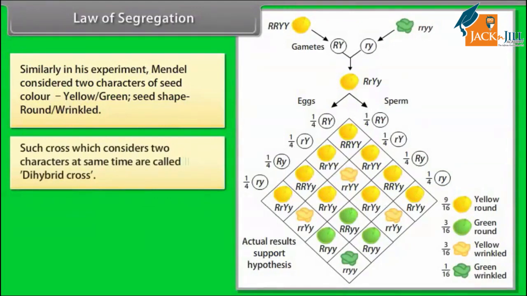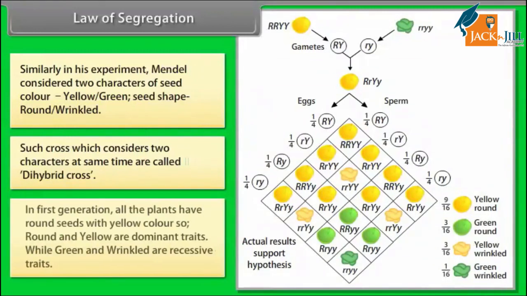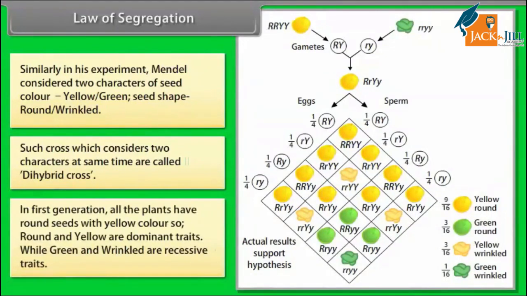Such a cross which considers two characters at the same time is called dihybrid cross. In first generation, all the plants have round seeds with yellow color. So, round and yellow are dominant traits, while green and wrinkled are recessive traits.